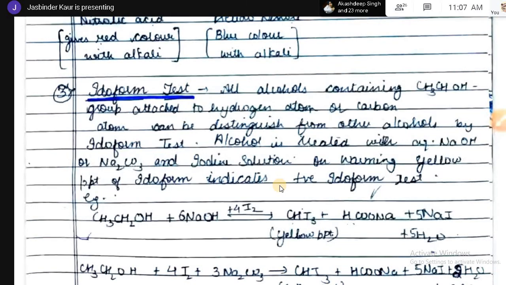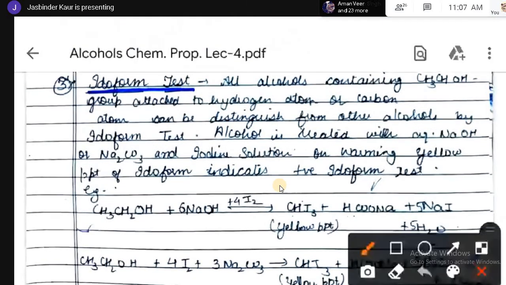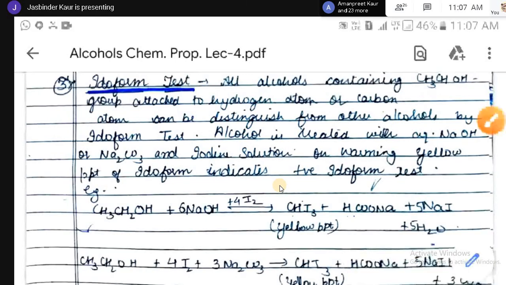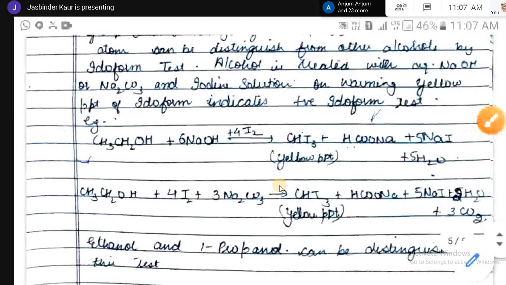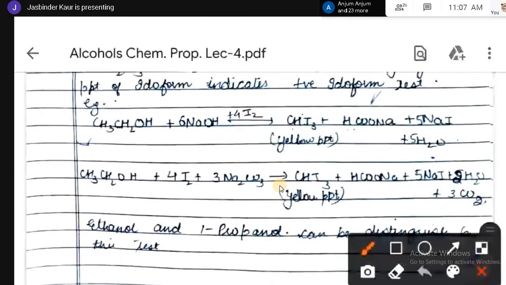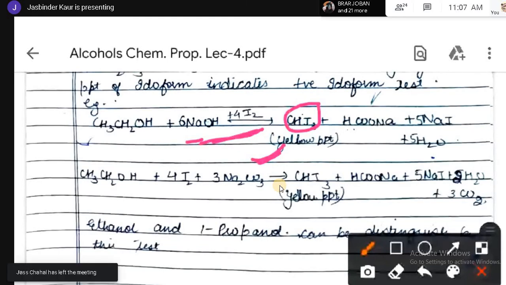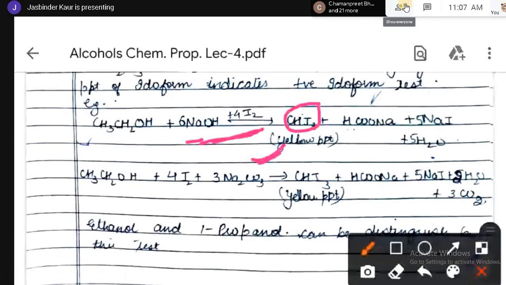And one exception is compounds with the CH3CHOH group. When alcohol is treated with sodium hydroxide and iodine, we get iodoform as a yellow precipitate, and this yellow precipitate shows that the reactant has a CH3CHOH group or a methyl ketone group.